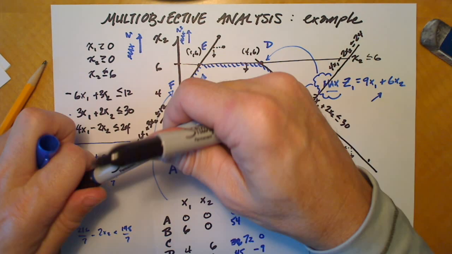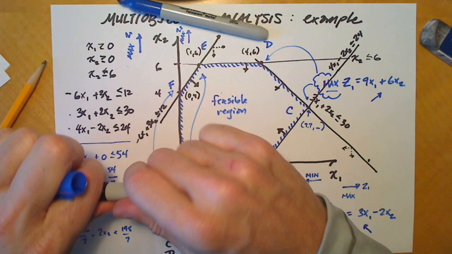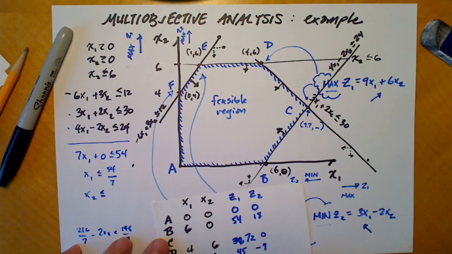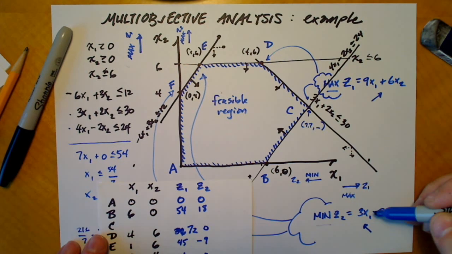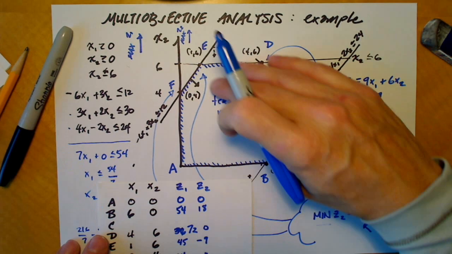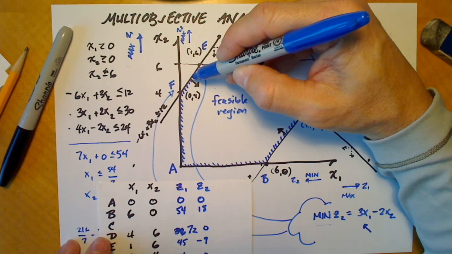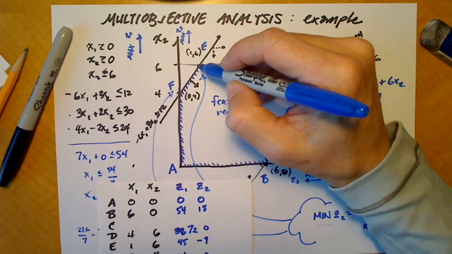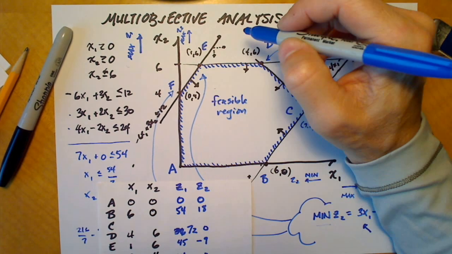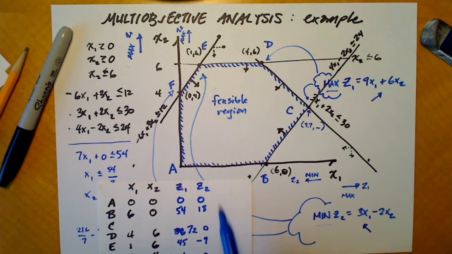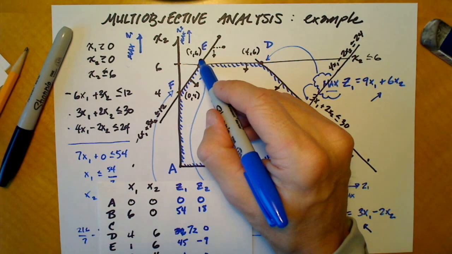So we're going to take a look at the Z2 objective function. We're going to notice a couple of things. The Z2 objective function brings us up and to the left. So the question is whether this extreme point or this extreme point is superior. And at this point, we had a Z2 of -9. At this point, we had a Z2 of -8.